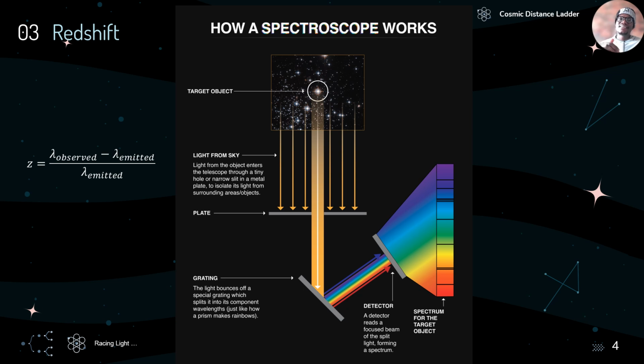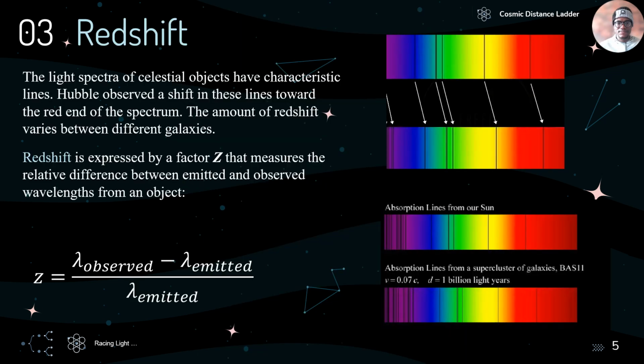The grating splits the light into its constituent wavelengths, and this creates a spectrum, a particular pattern of wavelengths. This pattern is observed to have lines or missing lines, and these lines depend on the characteristic atomic constituents of the observed object.